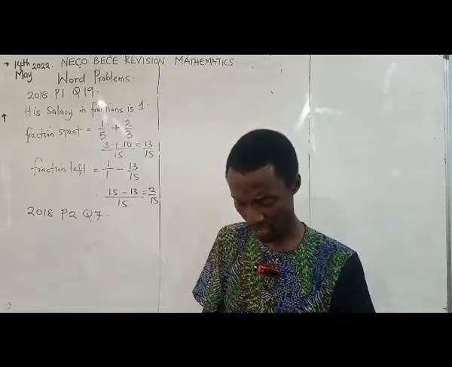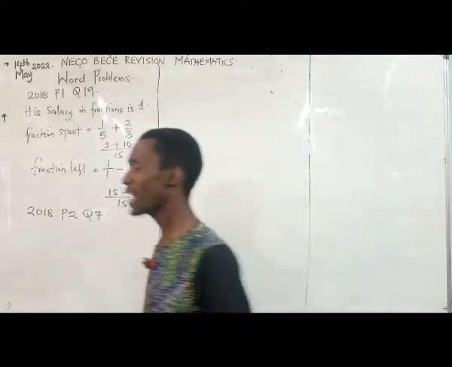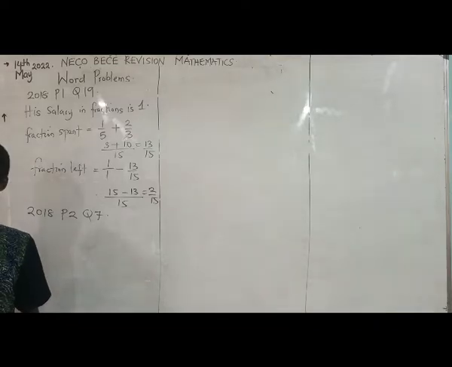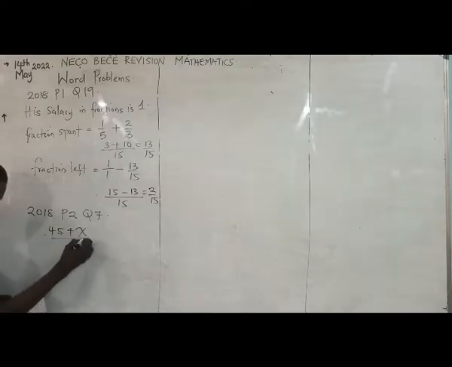Alright, so question 7 says, if 45 is added to a certain number, and anytime you see a certain number or an unknown, call that number x. So 45 is added to a certain number, and the result is divided by 9.